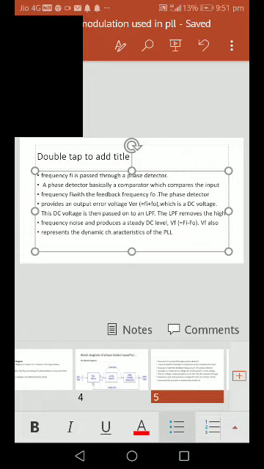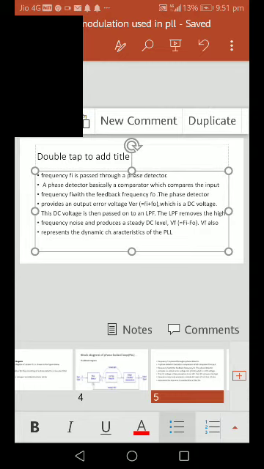The low pass filter removes the high frequency noise and produces a steady DC level. Vf, the feedback voltage, is the error, the input frequency minus the feedback frequency of the signal.